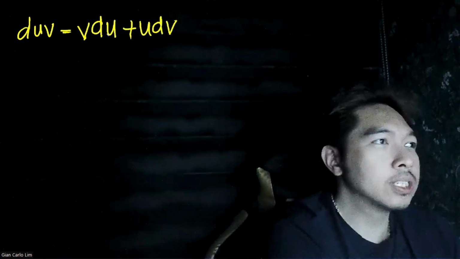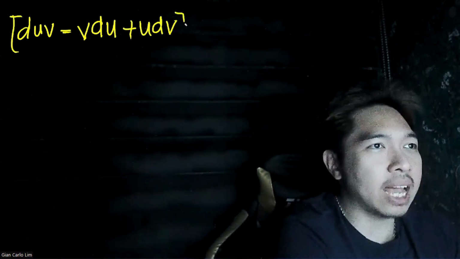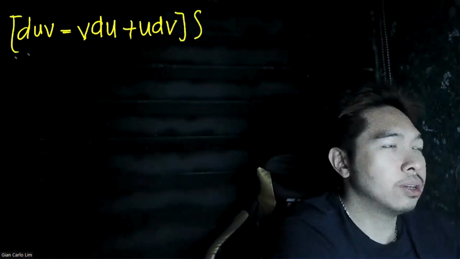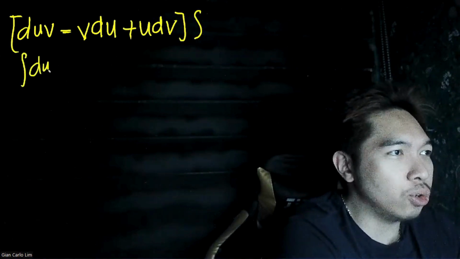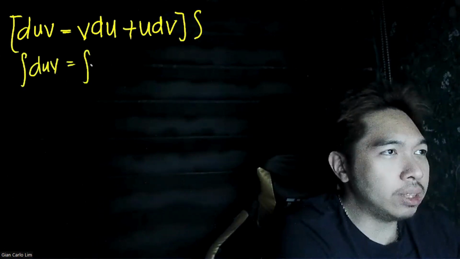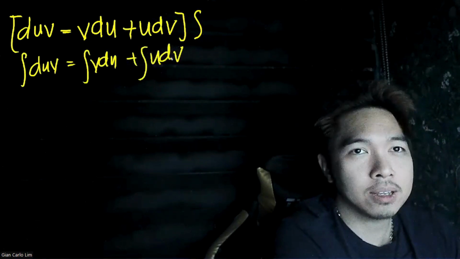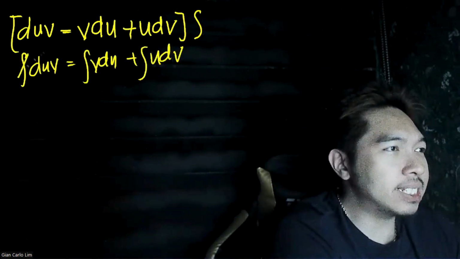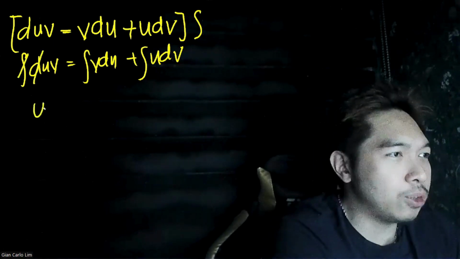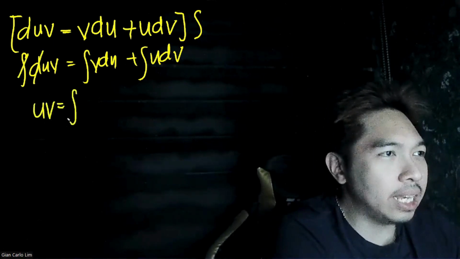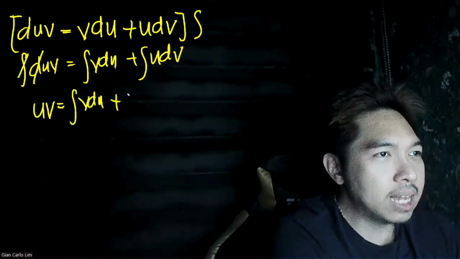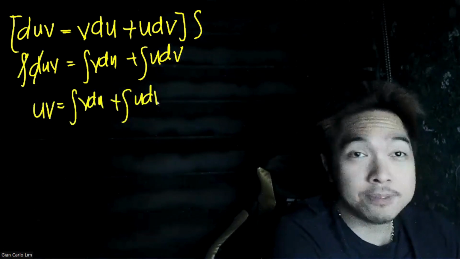All right. So suppose we need to take the integral of everything in our equation. So therefore, we integrate d(uv) is equal to the integral of v du plus the integral of u dv. All right. So therefore, the integral and the differential will cancel out so that we'll have uv equal to the integral of v du plus the integral of u dv.